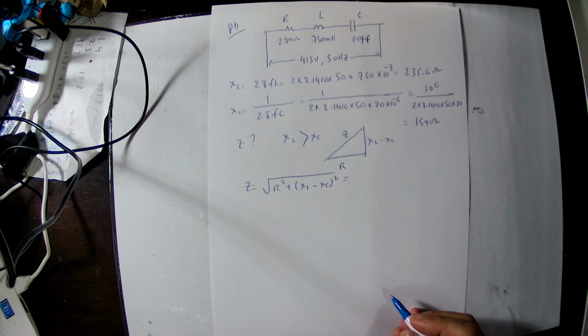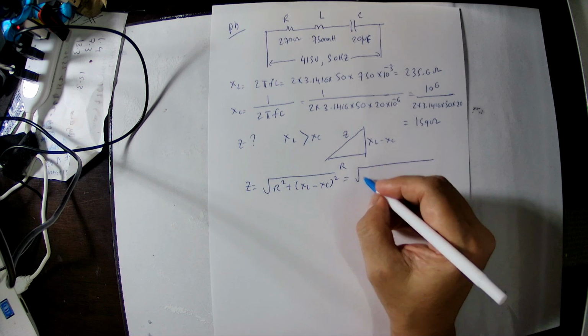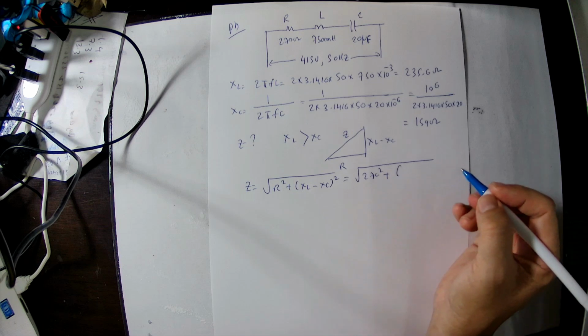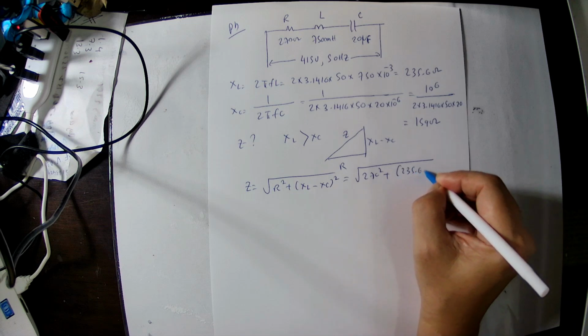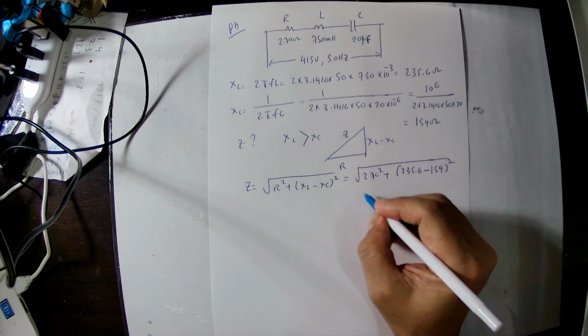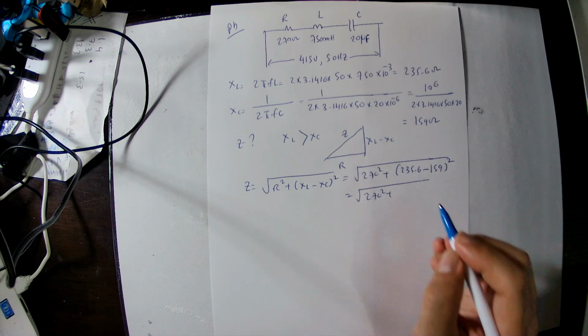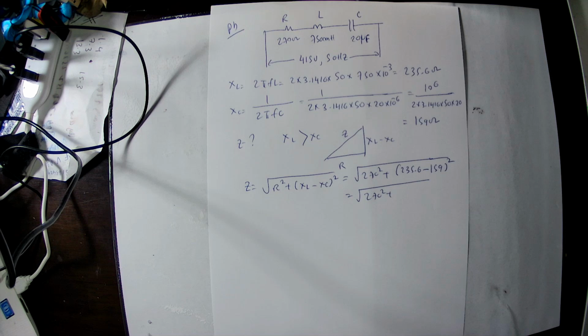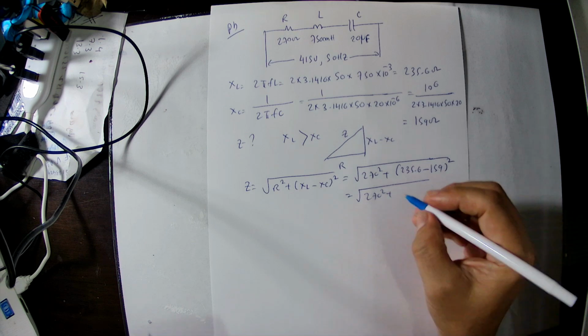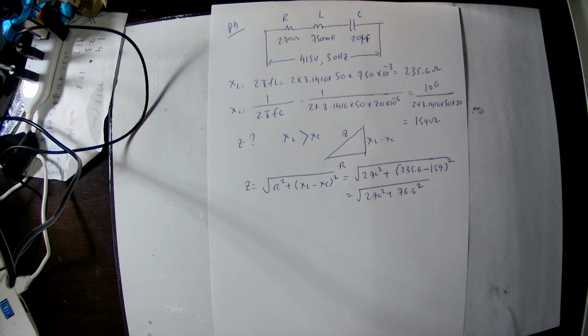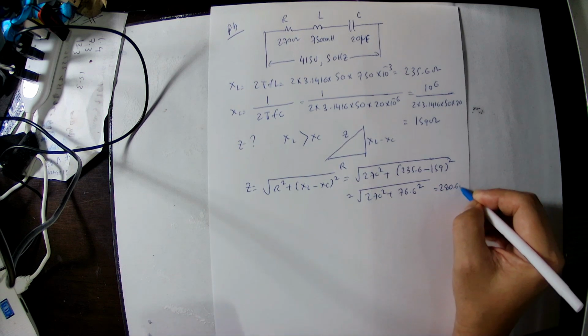So the resistor R is 270, and XL is 235.6 minus XC 159, squared. 235.6 minus 159 gives 76.6. That squared plus 270 squared, and the square root will be 280.6 ohm. So we calculated impedance Z.